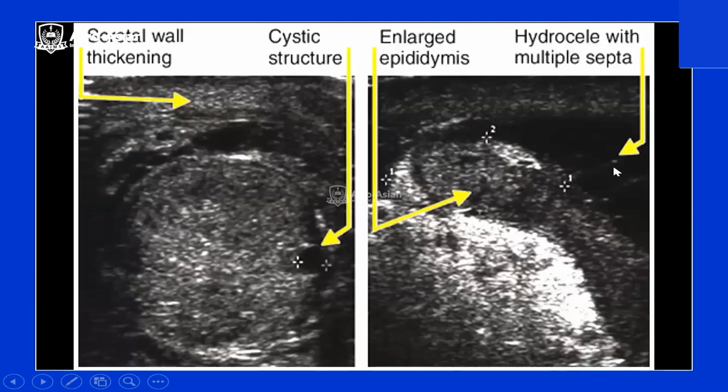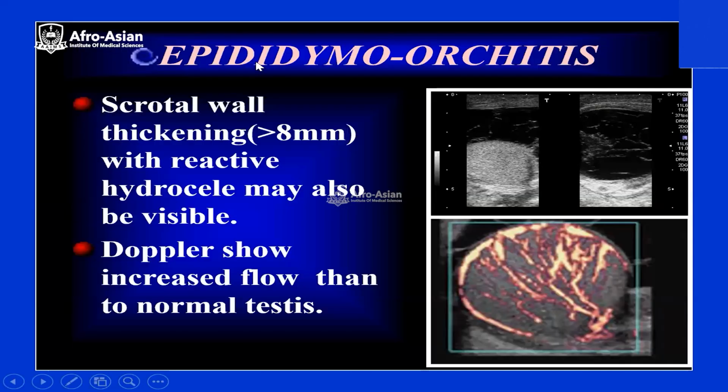This is a hydrocele with septa, indicating a chronic hydrocele, and a large epididymis, then a cystic structure in the testicle, and scrotal wall edema. So the patient has scrotal wall edema, acute epididymitis, testicular cyst, and chronic hydrocele.